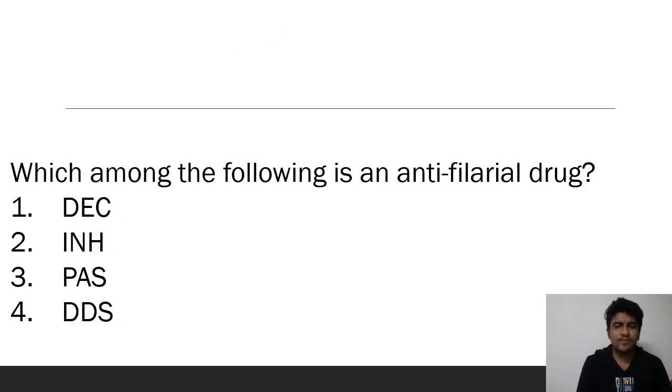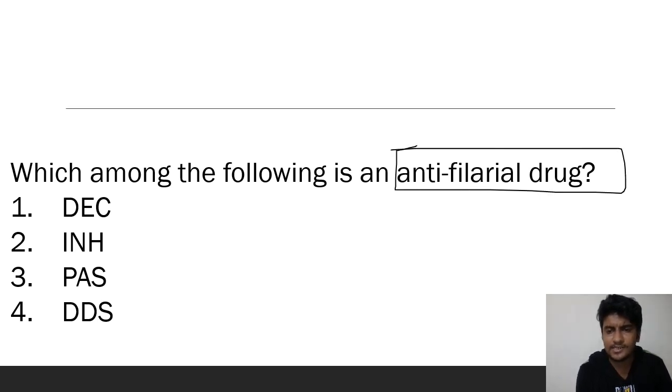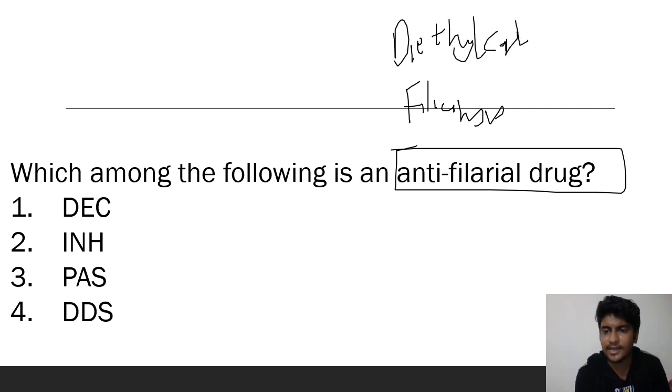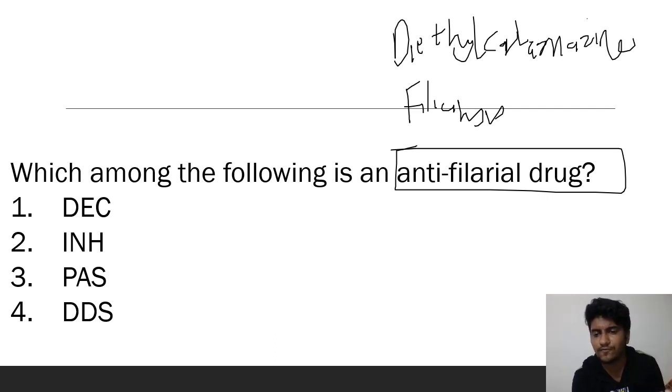Next up, which one of the following is an anti-filarial drug? Anti-filariasis. Filariasis is a very important disease, and we have right now one common drug, which is diethylcarbamazine, DEC. Here they haven't given the direct drug's name. They have given the official acronyms. If you know the drug but don't know the short form, what's the use?